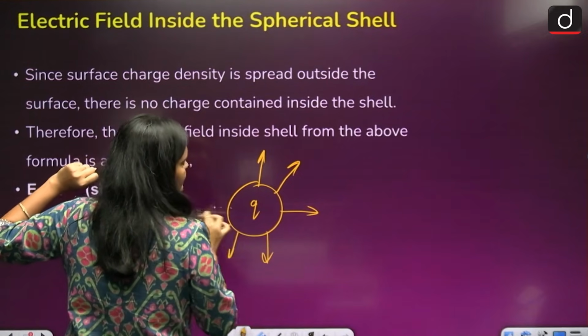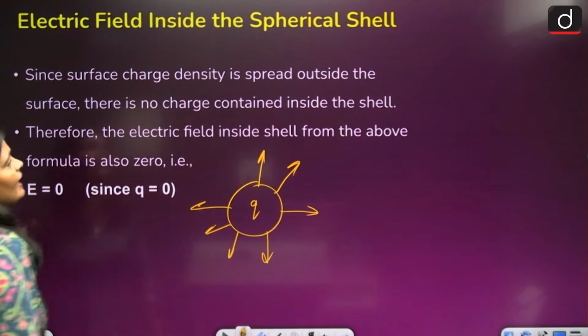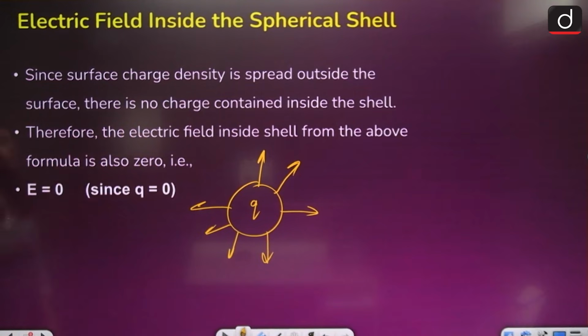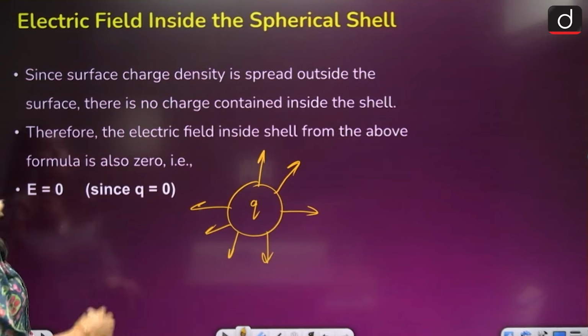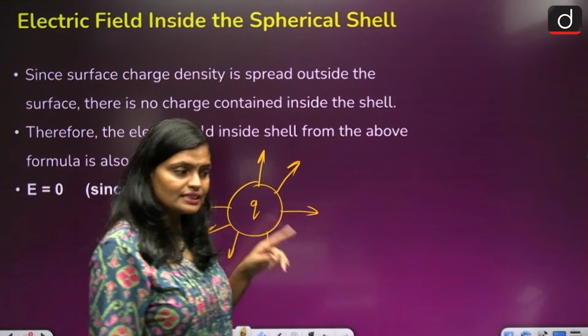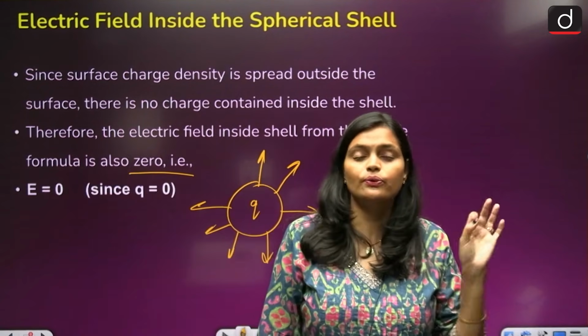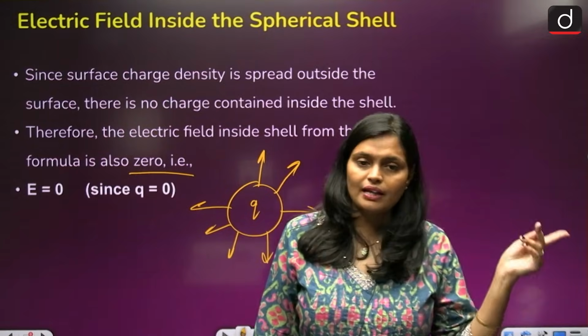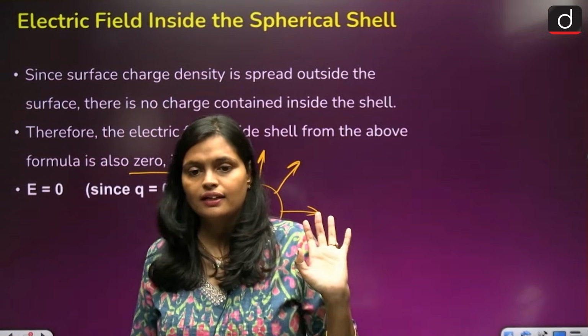Inside you have no electric field. So there is no charge contained inside the shell. Therefore the electric field inside the shell from the above formula is 0. According to the Gaussian surface, inside the shell you have 0 electric field. For outside you have calculated it, and inside it will be 0.